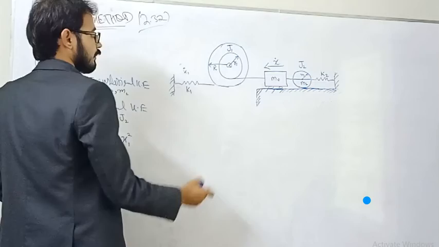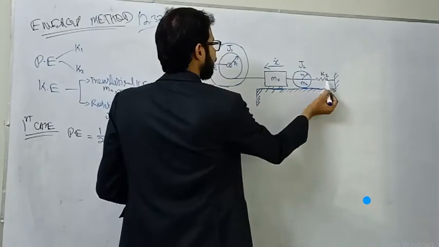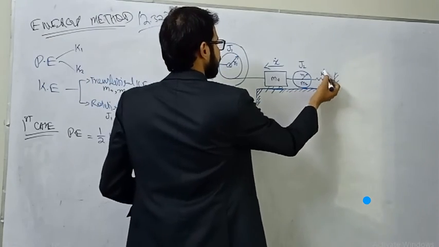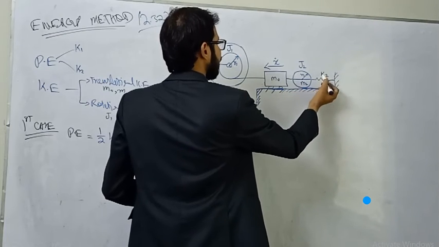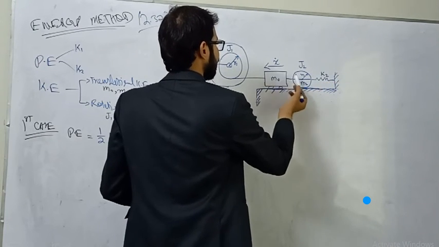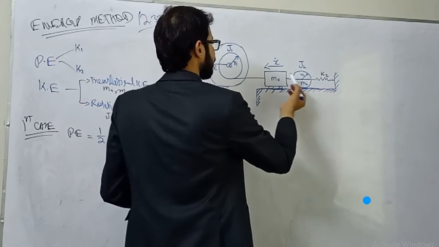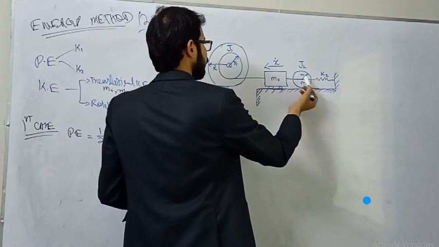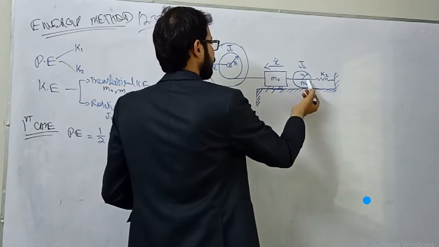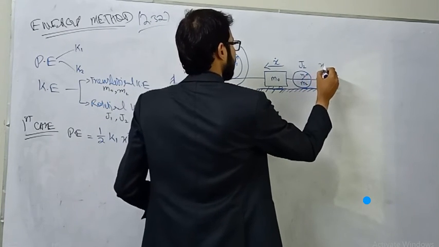And again, similarly in this case, we can see this is a second spring element K2, and the force and the velocity that will be reaching at this point, because it is x naught and then it is connected with the disk, and finally it is coming here. Because it is connected with the disk, this velocity will be converted here, and then it will reach here. So suppose it is x2 naught.